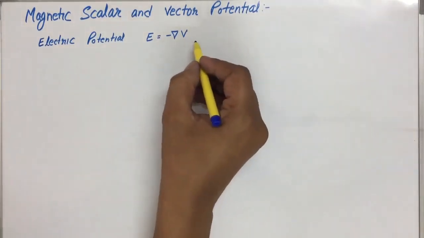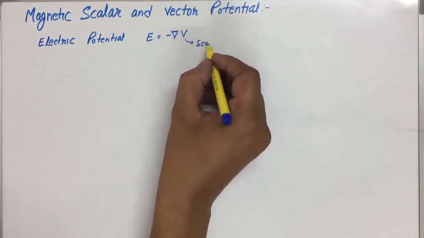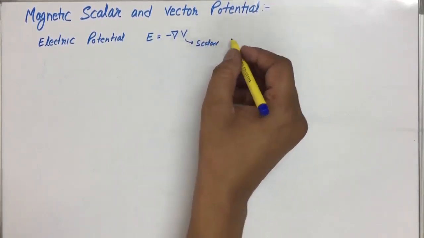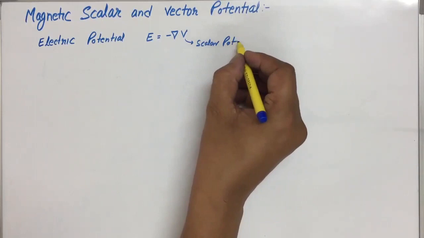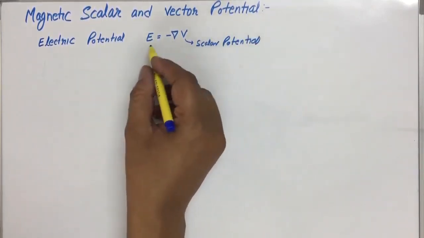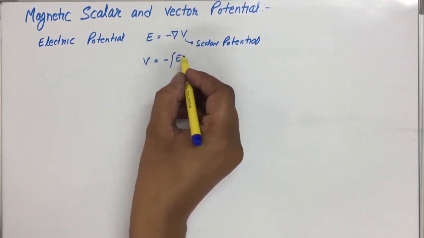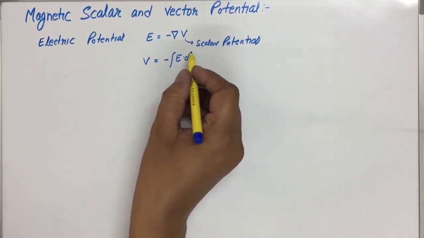This is electric potential, that is scalar potential, and it can be written as V equals minus integral of E dot dl. We know it very well.